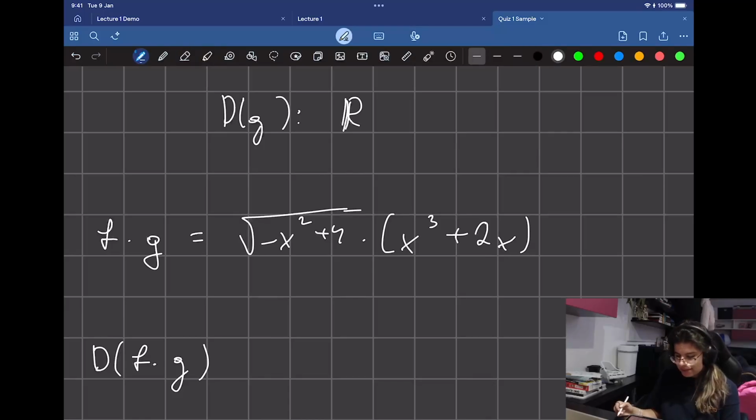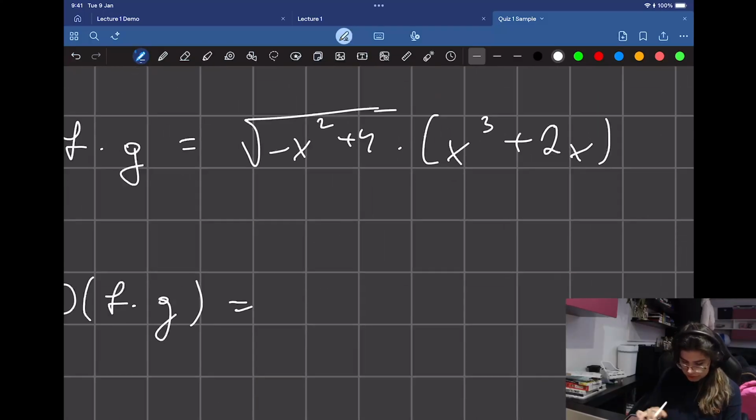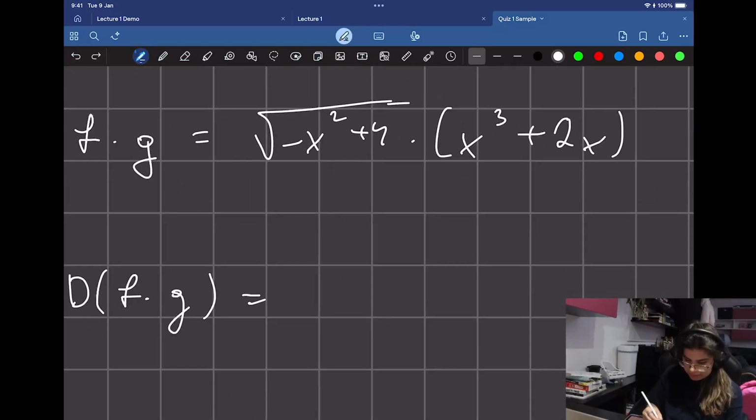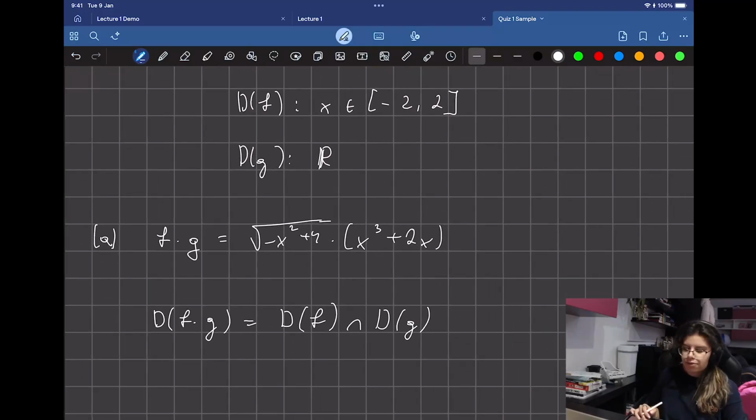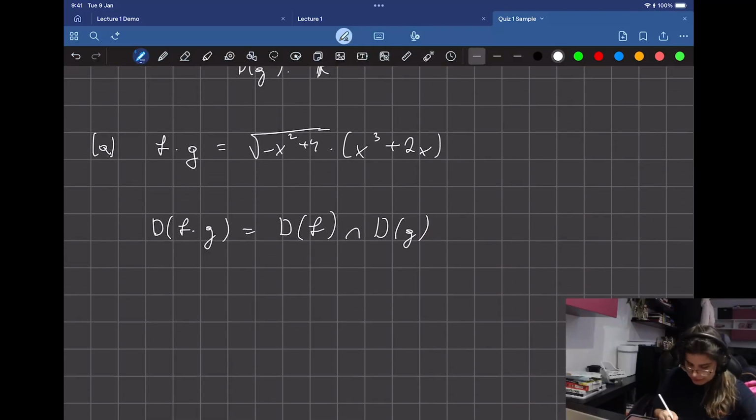And then the domain isn't really much more difficult. I already gave you the formula. So the domain of the product is basically the intersection of the domain of f and the domain of g. Now, what does an intersection mean? I typically use the number line again.